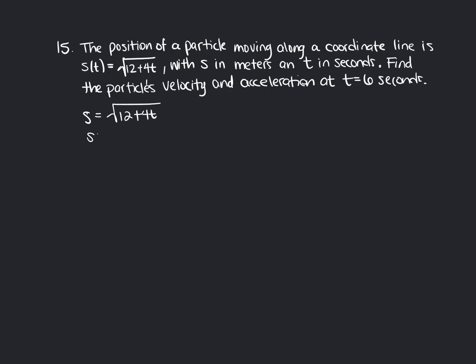But we know at this point, if I have a square root, I need to rewrite exponentially. And now we can see that my outside function is something to the 1/2, and the inside is 12 plus 4t. So if velocity is equal to the first derivative of my position, then we're going to have 1/2 times 12 plus 4t to the negative 1/2 times the derivative of the inside of that function, which is just 4.